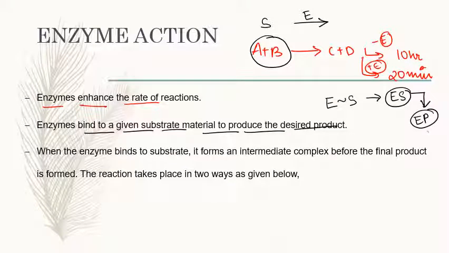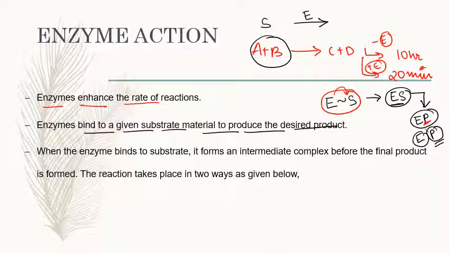And from the product, the enzyme gets separated out and you will be getting an individual product. Here you can see the enzyme binding to a substrate to produce a desired product, that is P.